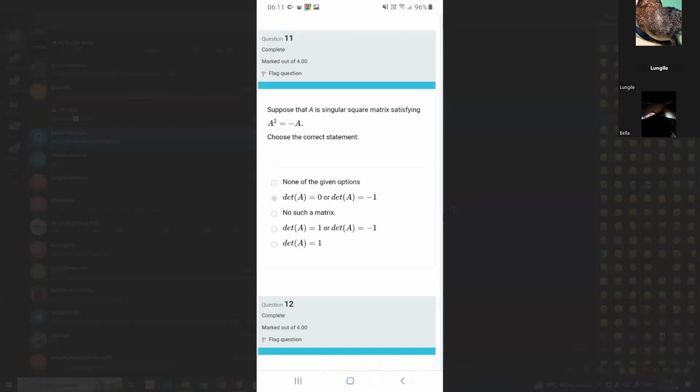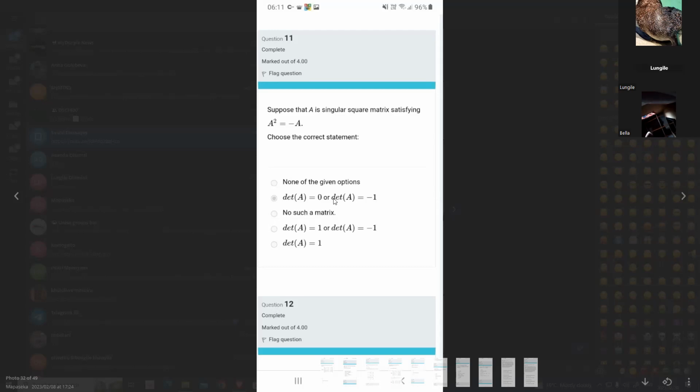You know why this is a correct answer? Whenever you have an 'or', if one statement is true, because we've got two statements here, determinant of A is equal to 0, or determinant of A is equal to -1, and if one of those two statements is true, it makes the whole combined statement true.